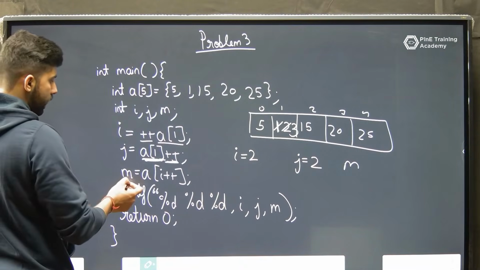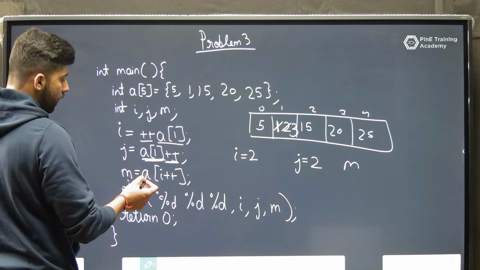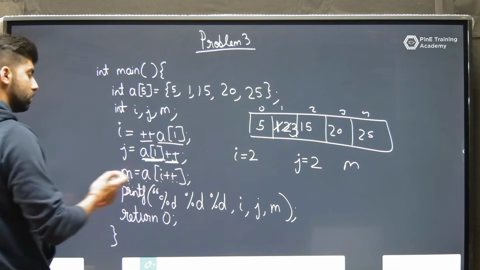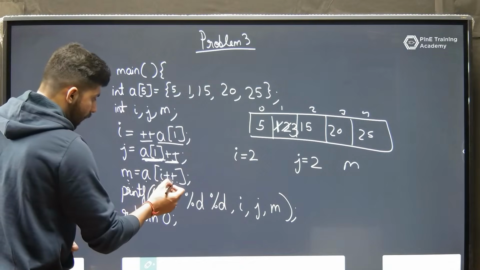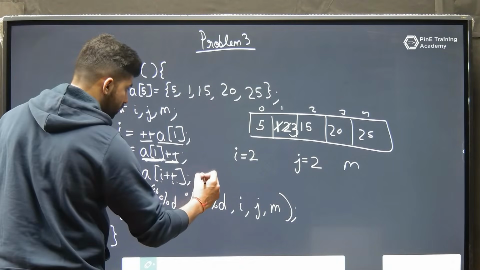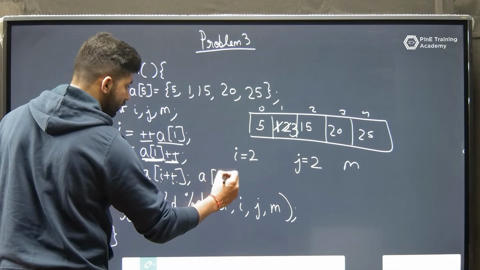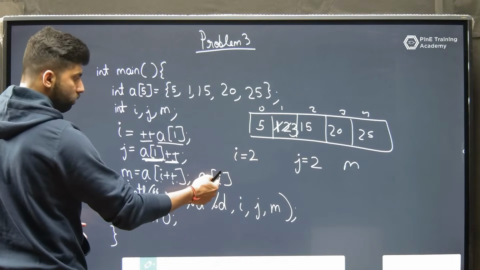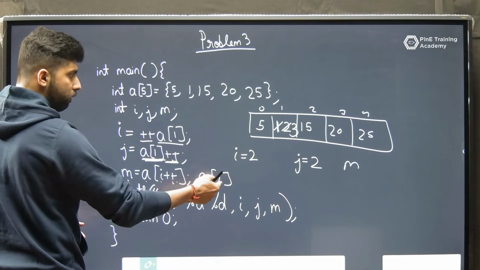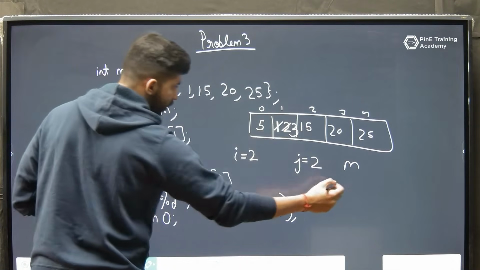Next, I have a of I plus plus, which means I will first resolve a of I. A of I is 2, that means array of 2. Array of 2 means 15.